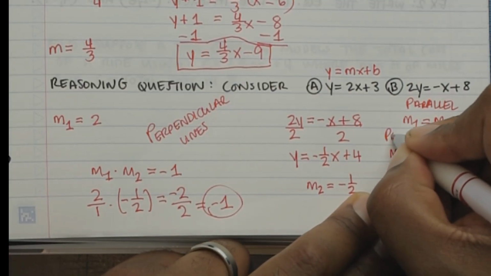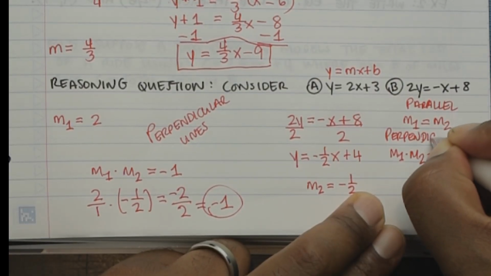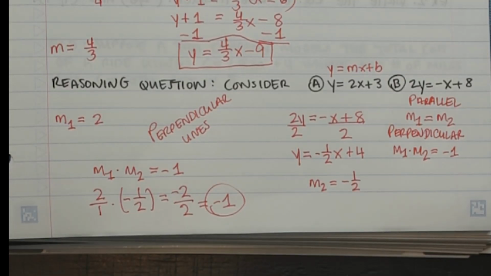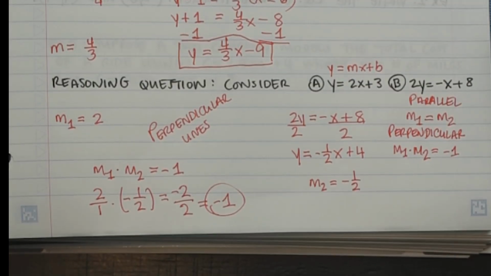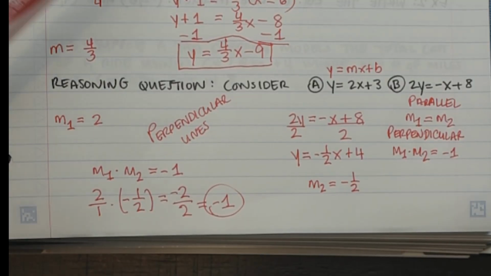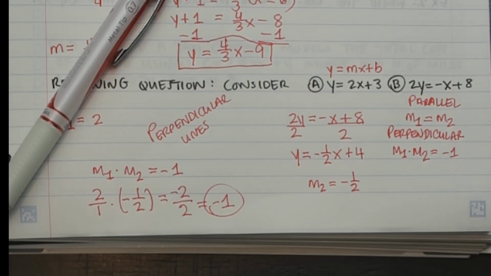That is a perpendicular line. So parallel lines have the same slope. Perpendicular lines have negative reciprocal slopes. And when writing a new equation, you want to first determine the required slope, then use the point you are given.